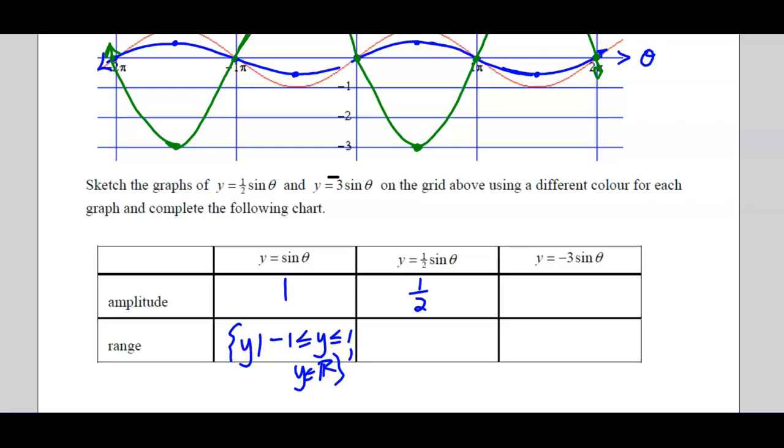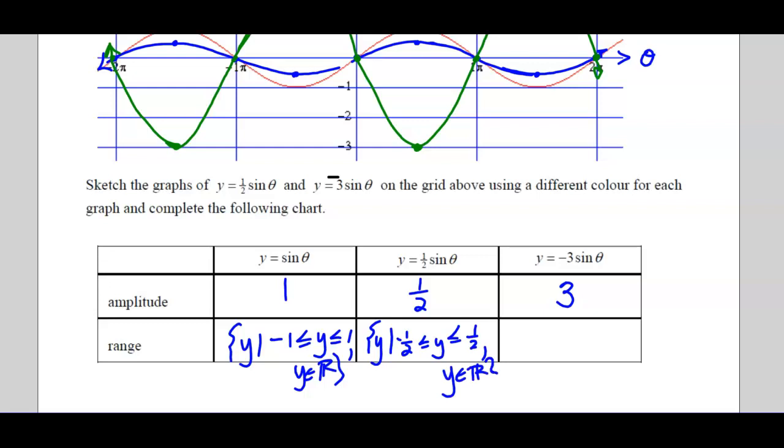Negative 3 sine theta is positive 3. We're going to ask you, it's going to be on the final exam, you have to know, because students will say the amplitude is negative 3, and it's not, amplitude cannot be negative.